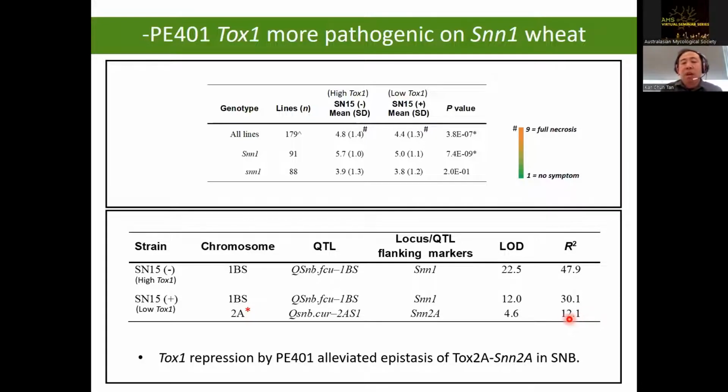So what we have here is that when we alleviate TOX1 expression through the inclusion of P41, we appear to somewhat alleviate the epistasis of TOX2A SN2A in its contribution to septoria nodorum blotch. In other words, TOX2A SN2A appears to function like a bench player if TOX1 SNN1 is somewhat weakened by this P41 indel, and this makes quite good sense from a plant breeding perspective.